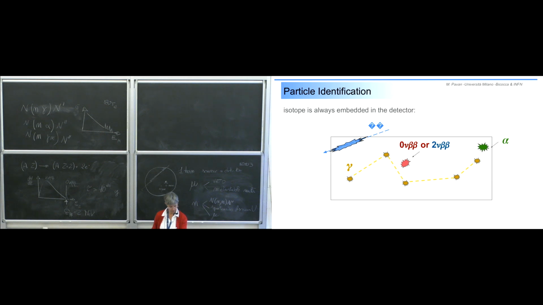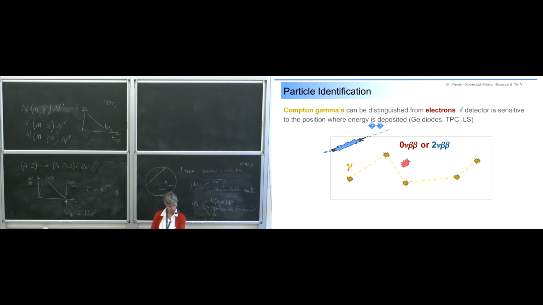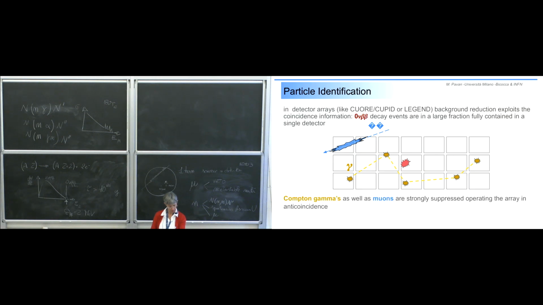And so, you see, if I have a detector that is able to have some kind of tracking capability, I can reject background. And if I don't have tracking, but I have an array of detectors, I can do the same. Muons and gammas interact in more detectors, while my candidate decay should involve only one detector.